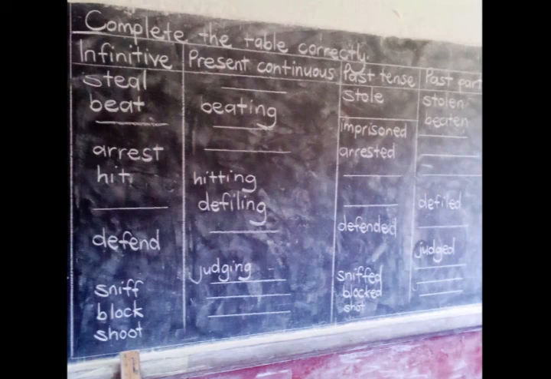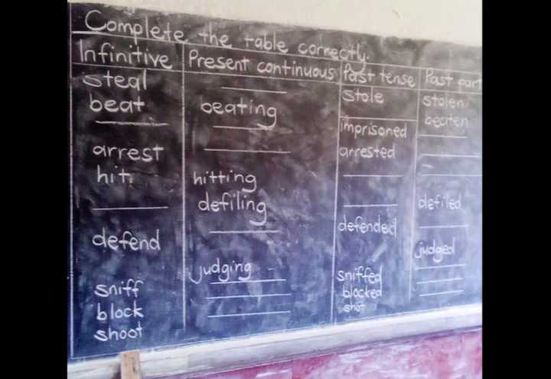Make sure you fill in those dashes and underline your work, because in the table we have the first word as still, number 2 is beat, number 3 you have to identify which word is a verb here, number 4 arrest, number 5 is hit. Make sure you fill the dashes.